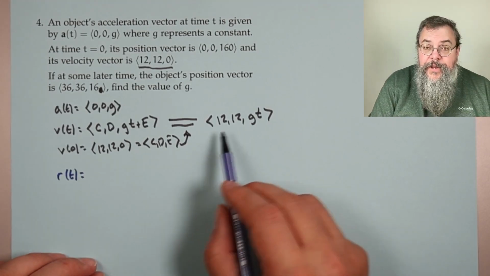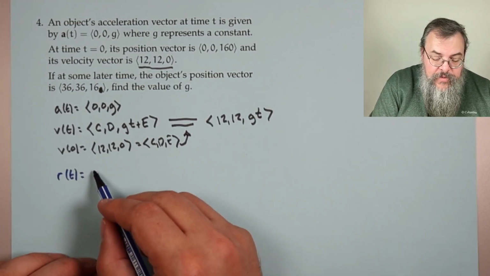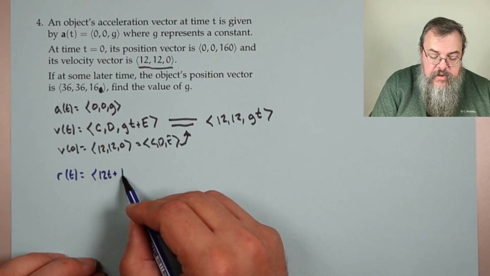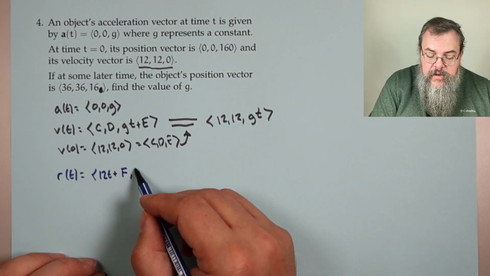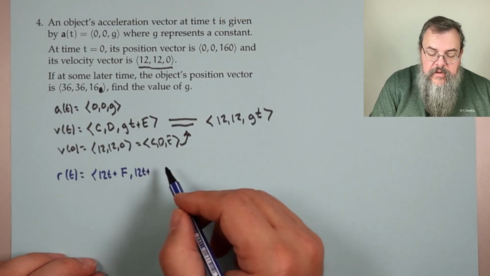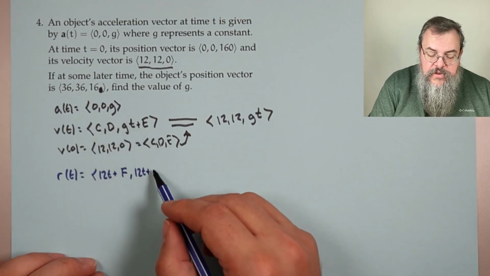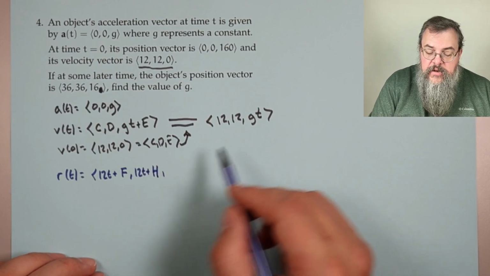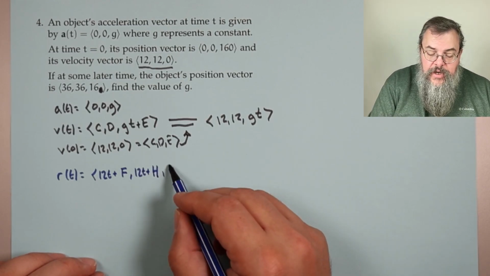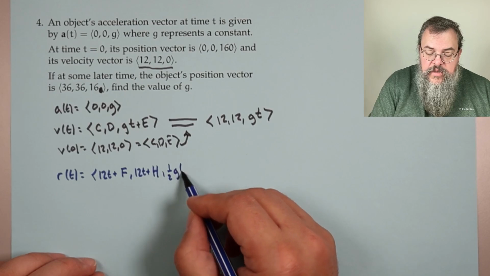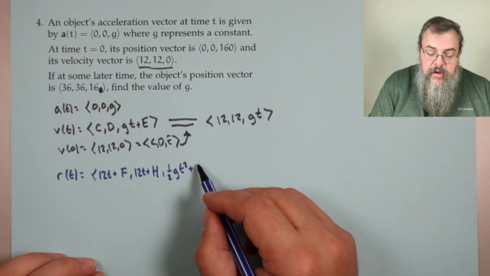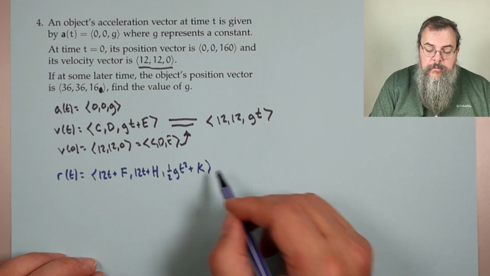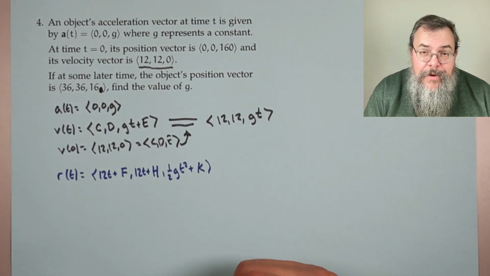Starting with our velocity, after we found our constants, we get 12t plus some constant, f. 12t plus some constant, and I don't want to confuse it with little g, so I'll skip that and use h. And then the integral of g times t is a half g t squared plus some constant. I'll go ahead and jump to k. Why not? I can do whatever I want.